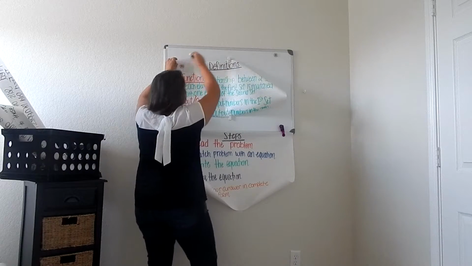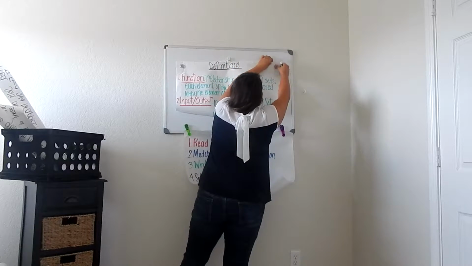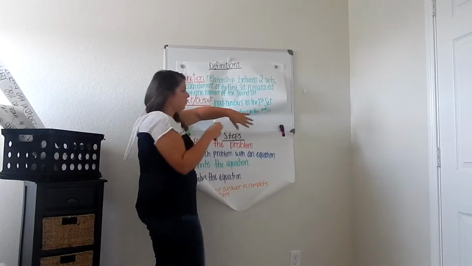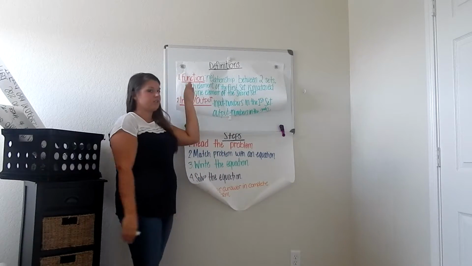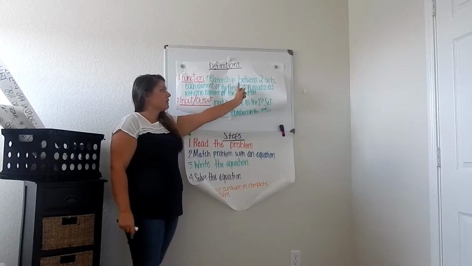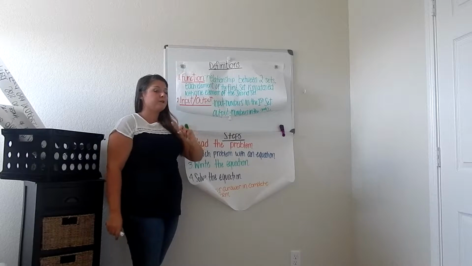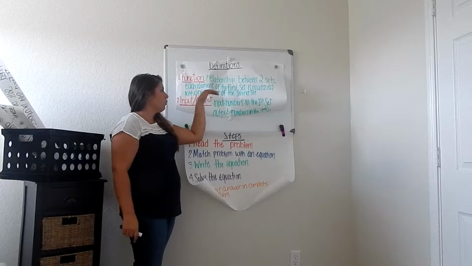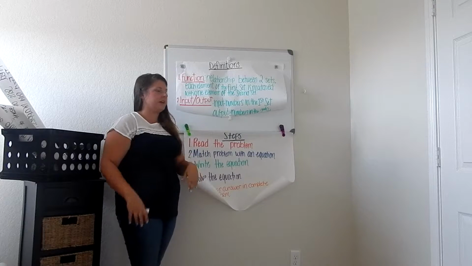First we're going to read them, and then I'm going to show you an example of what it may look like, okay? A function is a relationship between two sets where each element of the first set is matched with one element of the second set. And I'll show you what that looks like in just a moment.